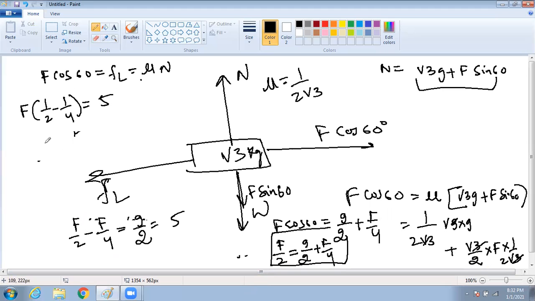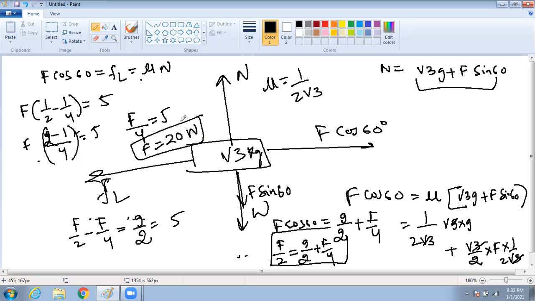So 1 by 2 minus 1 by 4 is 1 by 4. So F by 4 equal to 5. So what is F? 20 Newton.